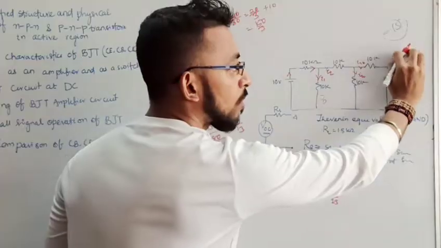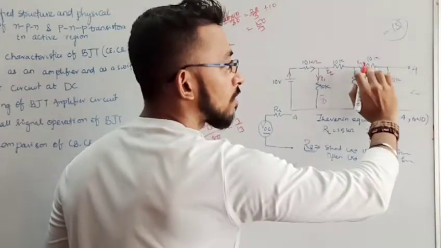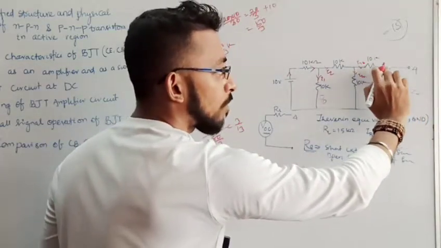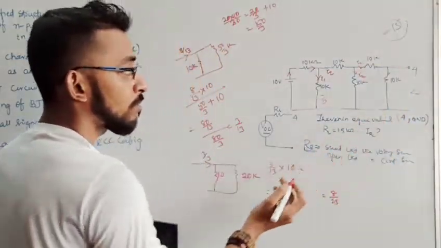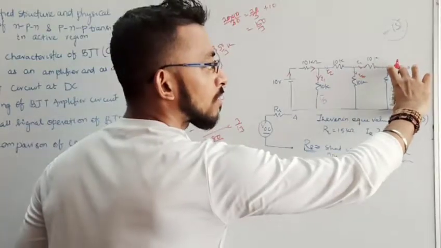Since there is no other part after this resistor, this current 3 by 39 will flow through these two resistors. So this 3 by 39 will flow through this resistor. Then what will be the voltage across this 10 kilo ohm?